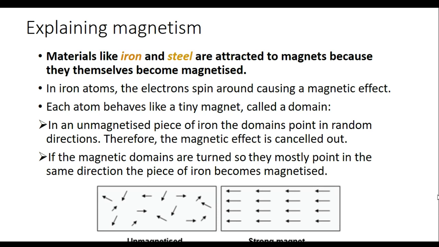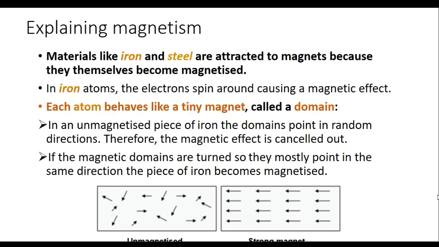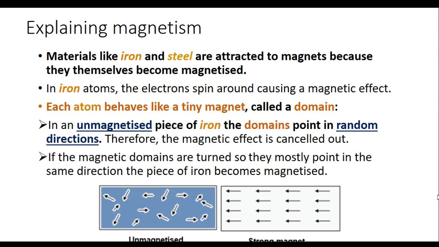For example, in iron atoms, electrons in the atoms spin around, causing a magnetic effect. This means that each atom behaves like a tiny magnet itself. So we call these atoms inside the iron domains. In an unmagnetized piece of iron, the domains point in random directions.